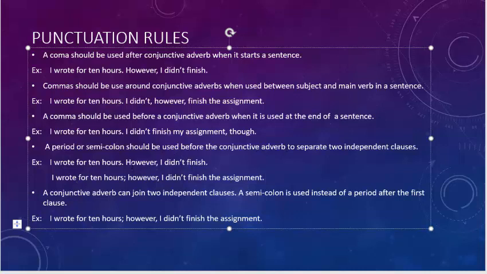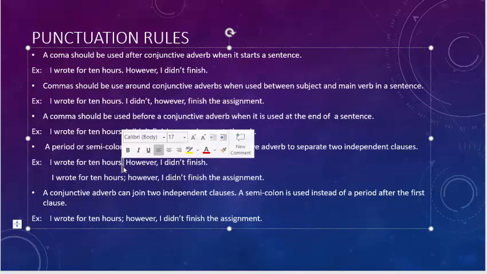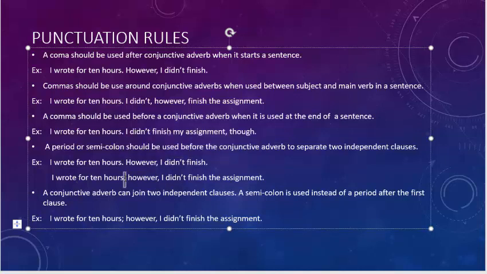This is a conjunctive adverb, however, in this sentence, and also in this sentence it is however. A period is used in this part before the conjunctive adverb, and in this sentence a semicolon is used. So it means that we can use a period or a semicolon before a conjunctive adverb to separate two independent clauses. This is one independent clause, this is another independent clause, and in order to separate these two independent clauses using a conjunctive adverb, we have to use a full stop or period or a semicolon.